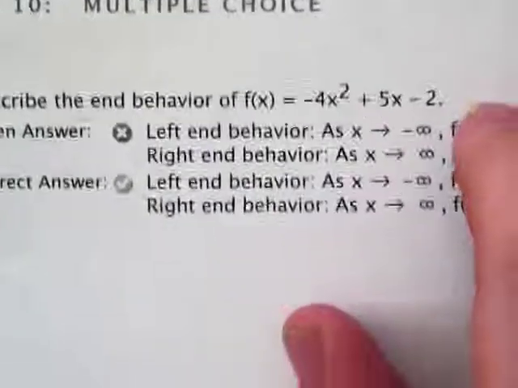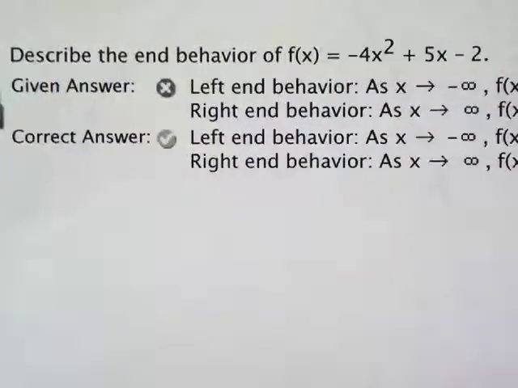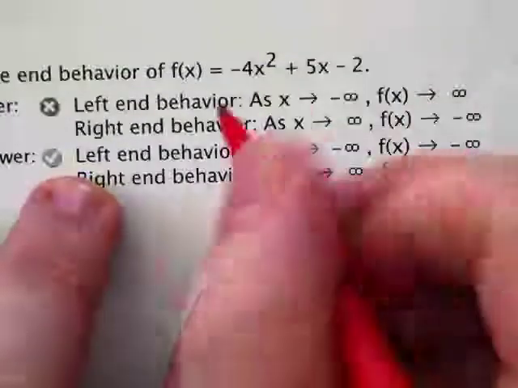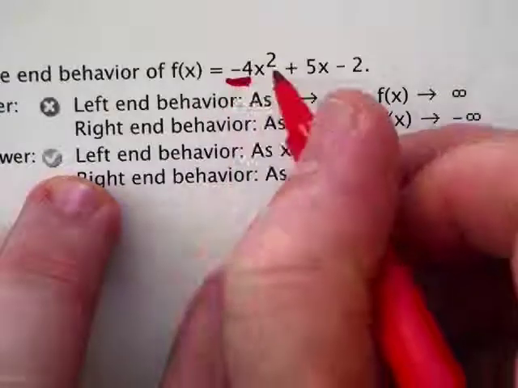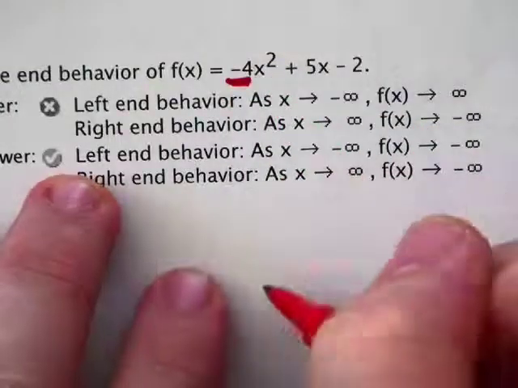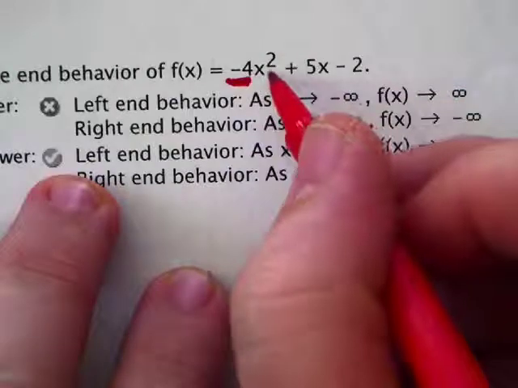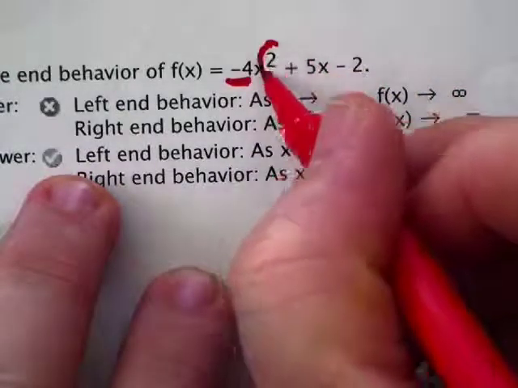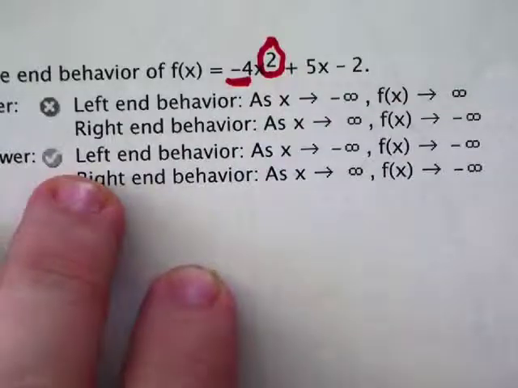Now, let's look at this. Describe the end behavior of that polynomial. Okay, once again, let's look at it. Has a negative coefficient, so it's going to start at the bottom if that's even. Okay, so we see it's got a negative coefficient and it's even. Okay, well, with a negative coefficient and even, let's look at this. And I'm going to write the equation right here.